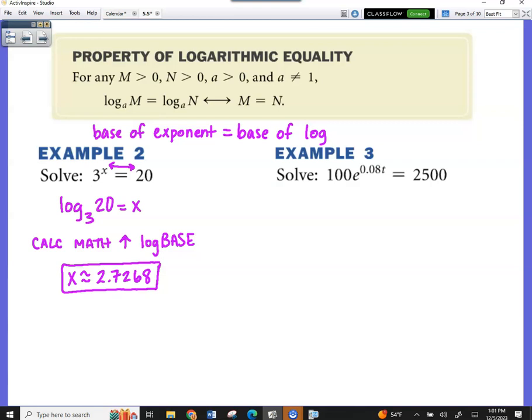The 100 is attached in the front by multiplication. You could move it over here to a power on the t, on the 0.08 t. I would not do that because then that's going to create more work in the end. I would say to yourself, okay, that's attached by multiplication, so I'm going to come underneath here and divide, and whatever I do to one side, I got to do to the other.